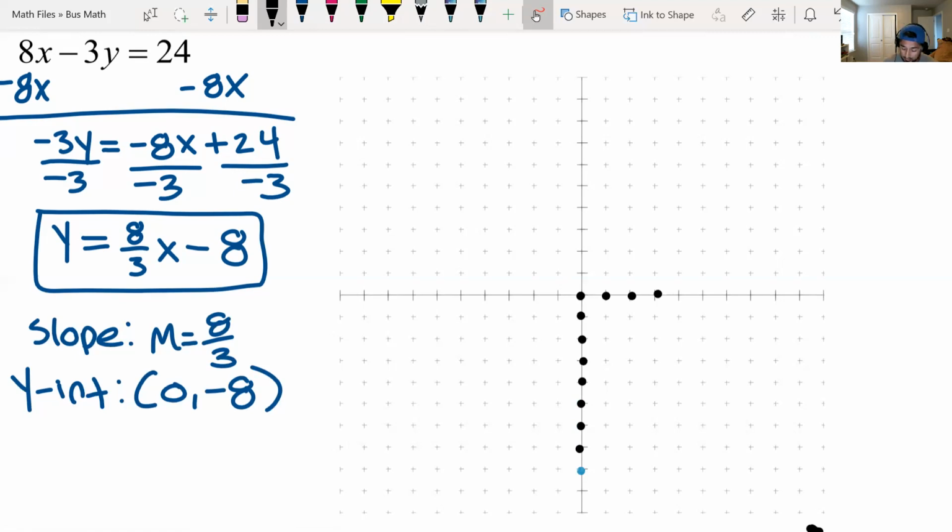There we go. And do it again. Up 8, and to the right 3. There it is. We have no room for any more, so all we have to do is make our line.